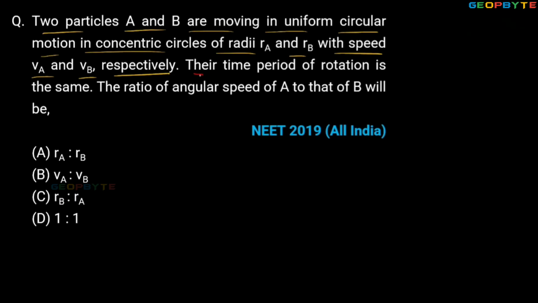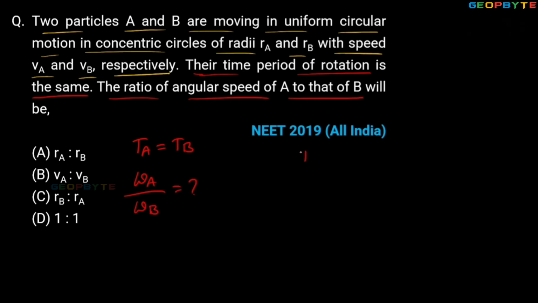Then their time period of rotation is same. The time period of A equal to time period of B. Then the ratio of angular speed of A to that of B is. You are asked to decide the angular speed of A divided by angular speed of B. Since TA equal TB, TA by TB is how much? TA by TB equal to 1.